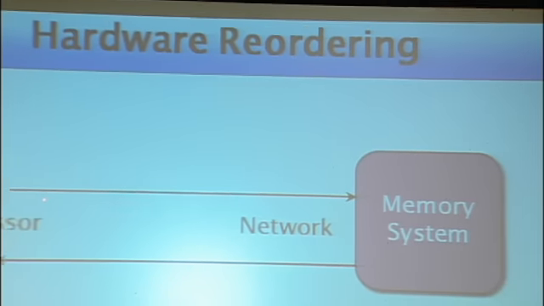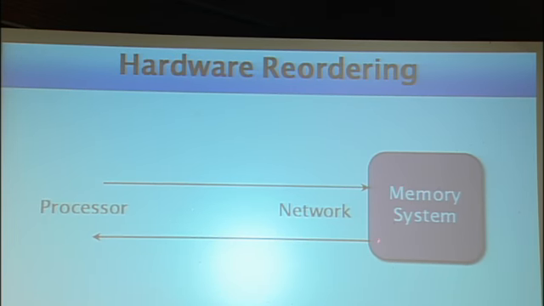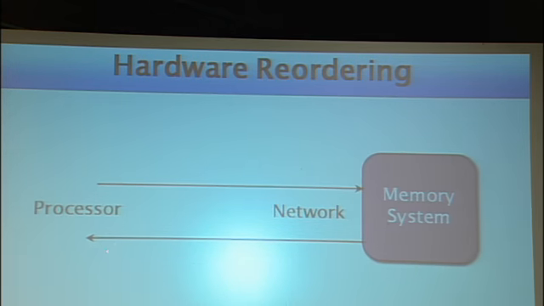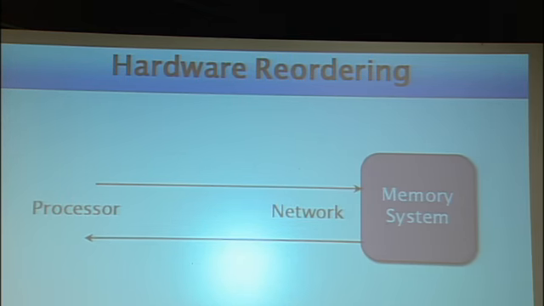So the processor is going to issue memory operations to the memory system, and results of memory operations are going to come back. But they really only have to come back when? If they're loads. If they're stores, they don't have to come back.